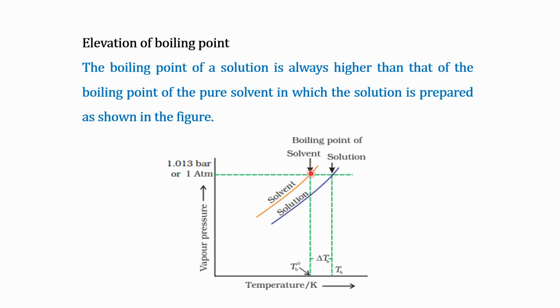If I dissolve a substance, the vapor pressure curve will go like this. So where is the new boiling point now? It is Tb here, and T naught b here. There is a small increase in the boiling point of the mixture.